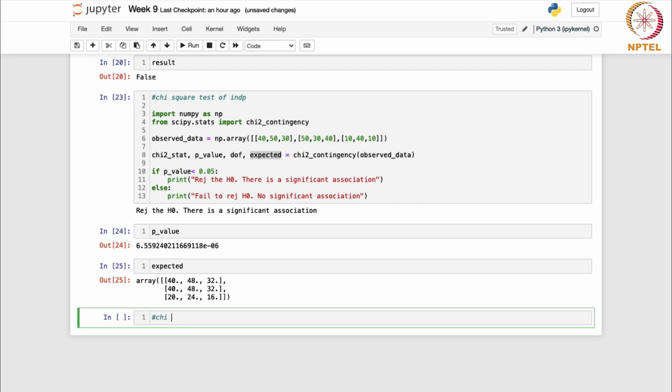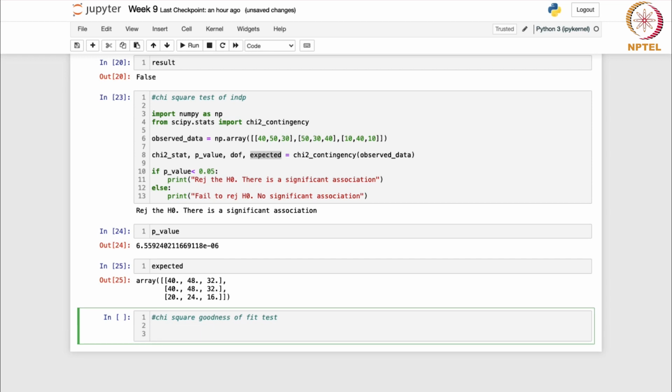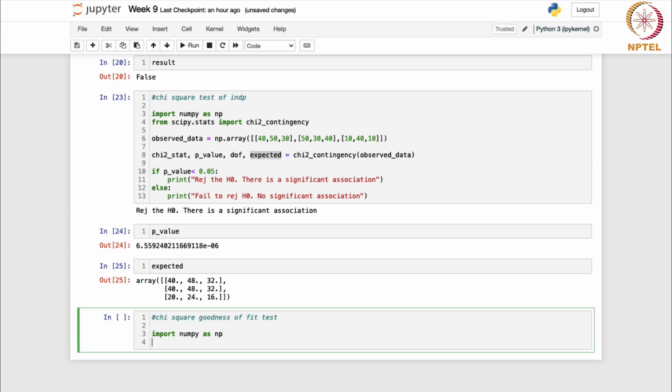Likewise, let us see the chi-square goodness of fit test. So import numpy as np, that will be there, and from scipy.stats import chi-square, because we are going to deal with the chi-square distribution.